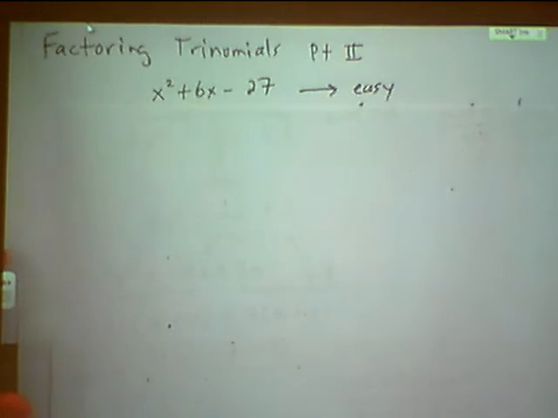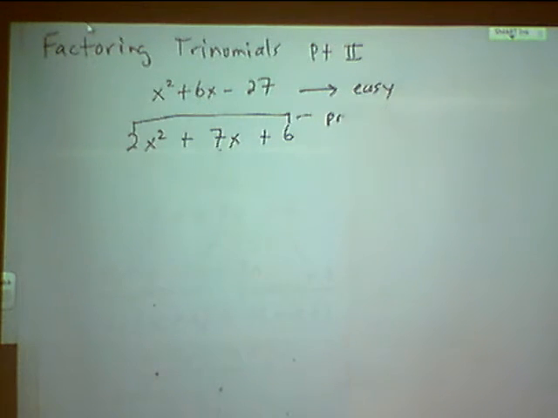Now that is compared to the second kind of trinomial, which does in fact have a leading coefficient. So here 2x squared plus 7x plus 6 is what I started with. And we consider that harder to factor. The key is the 2 in front of the squared term.